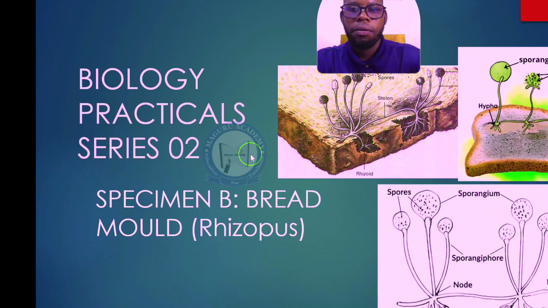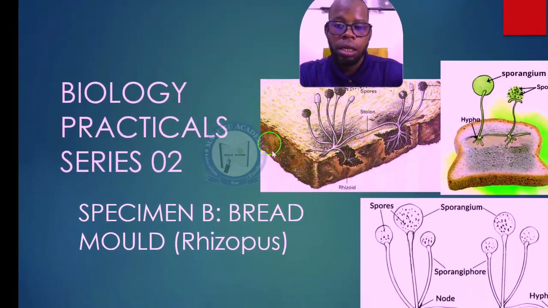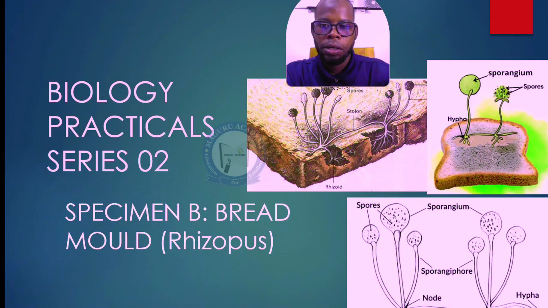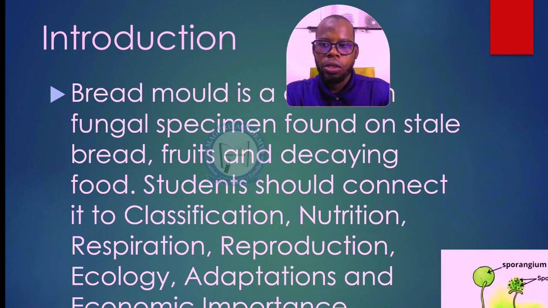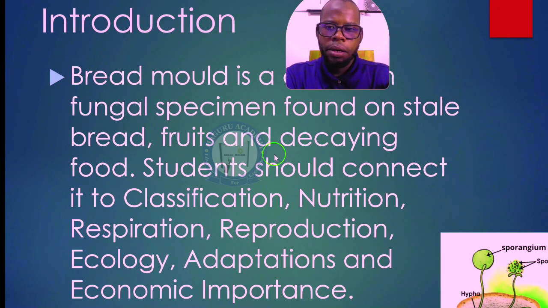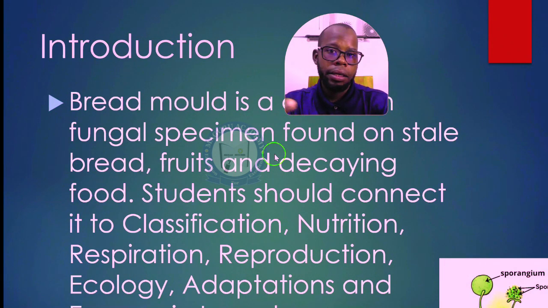So be together with me from the first point to the last, and you enjoy this lesson, to make sure you understand the classification of this bread mold and to ensure you meet the examination questions about it. When we say classification, we mean the sorting of organisms into their groups by looking at characteristics. The same characteristics make organisms belong to the same group, and different characteristics make them different.